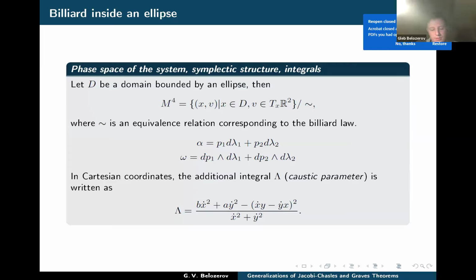So we can use a similar construction, and we obtain the Staude construction of an ellipsoid.